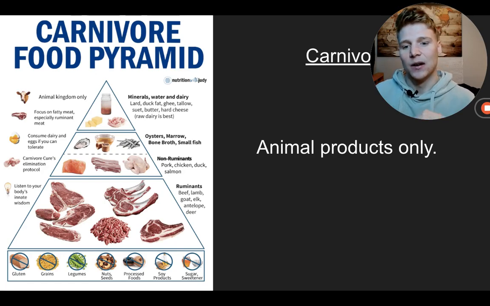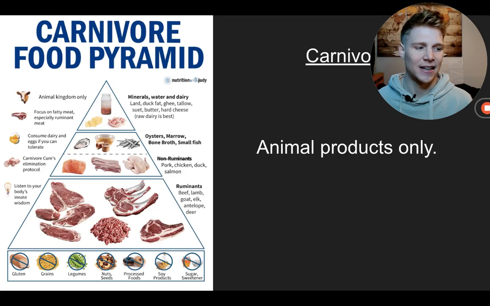So ruminant meats are from ruminant animals, and they basically digest food differently. They have more stomachs, and I think the word ruminant comes from Latin, to re-chew, something like that.